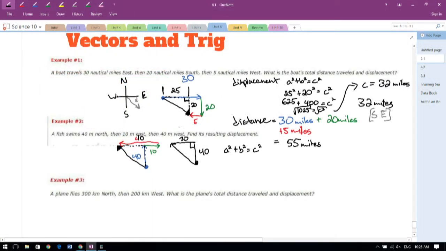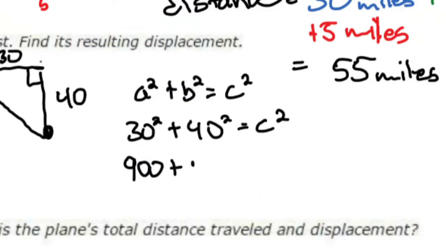All right, so 30 squared plus 40 squared, c squared. 4 times 4 is 16, 3 times 3 is 9, 900, 1600, added those together, should be 2500. Is that right?